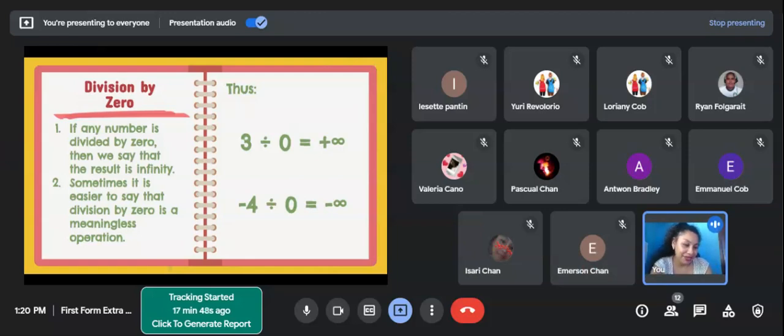Who knows what infinity is when we're talking about numbers? Means, I think infinity is a number that never ends. Okay. When we talk about numbers, I can continue counting and counting, and I will count forever and ever, and I will never finish counting, right?